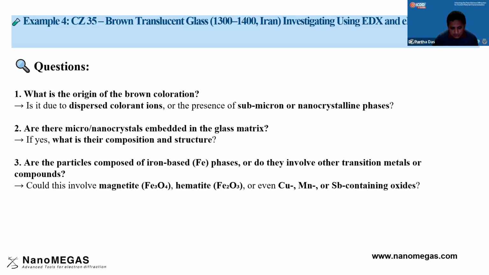Is it coming from dispersed ions, or from nanocrystalline or micron-sized crystalline phases, precipitates giving the color, or from some iron-based phases, which is well known, like magnetite or hematite, or from elements like copper, manganese or antimony giving the brown color of this glass? But you will be entirely surprised. We were also very surprised, including the people who gave us the sample.